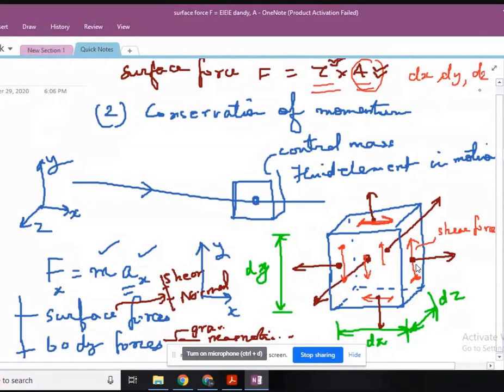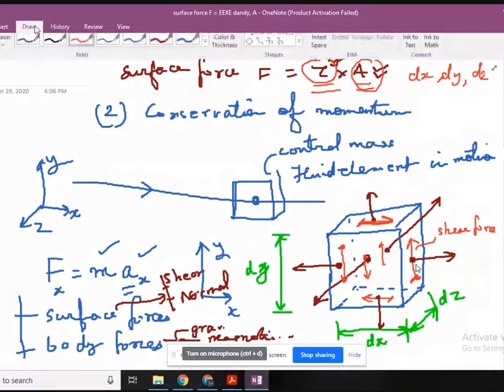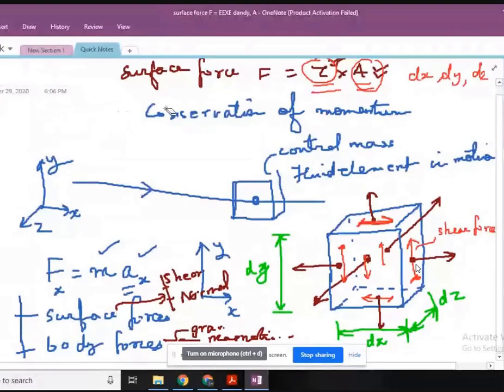It is calculable. So tau is of my interest. If I know this, it is easily solvable. So how to calculate that? I'll erase this for your convenience.